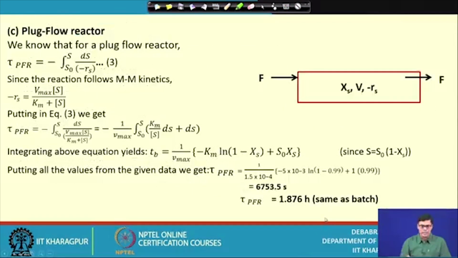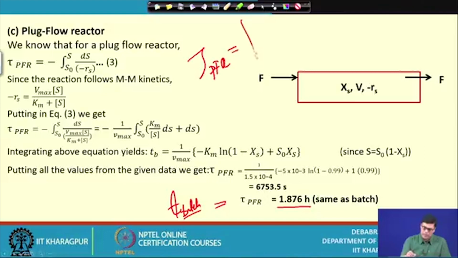Now, let us see the case of the plug flow reactor. For the plug flow reactor we can similarly find out that tau plug flow reactor will be the same as T batch, because we know their expressions are the same.